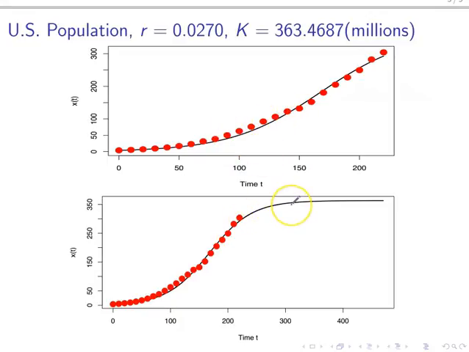If we computed that solution a little longer in time, we can see how the solution settles into a value approximately 360 something, a little above 350 as displayed here. This is simply displaying real measurements of the population size of the United States provided by the U.S. Census Bureau, also with specific values for the parameters of the logistic equation.